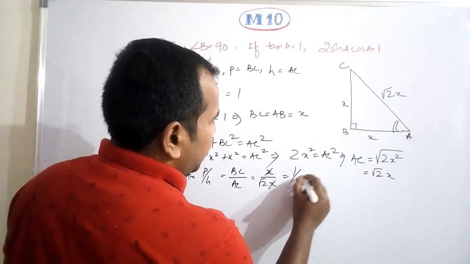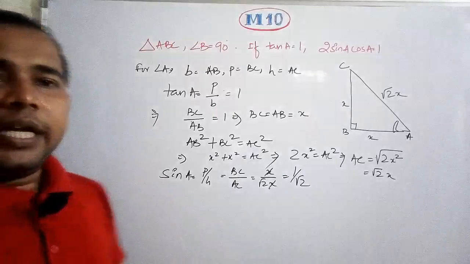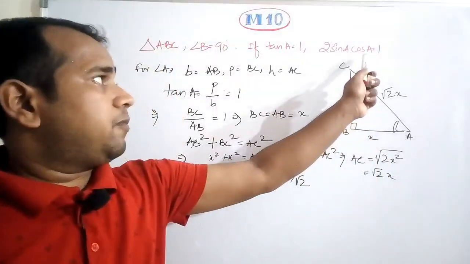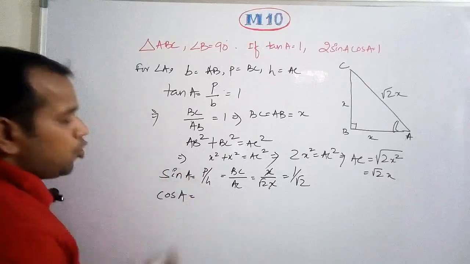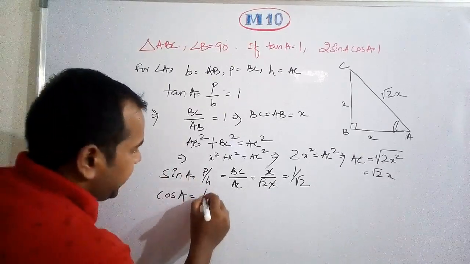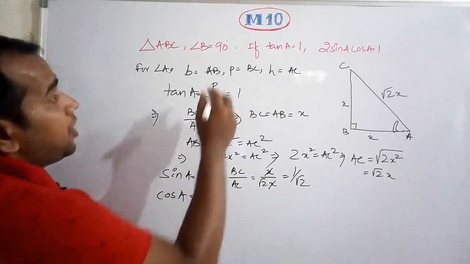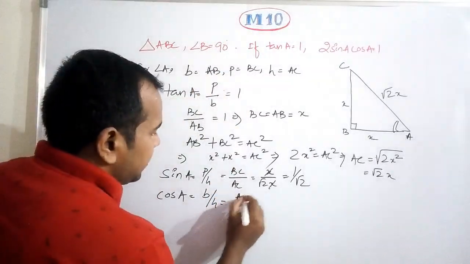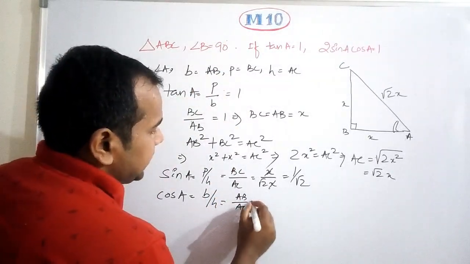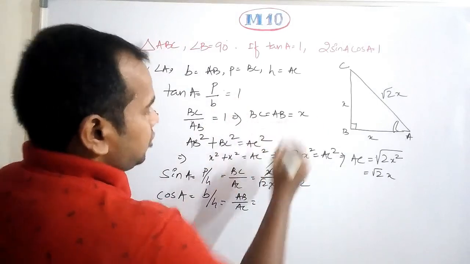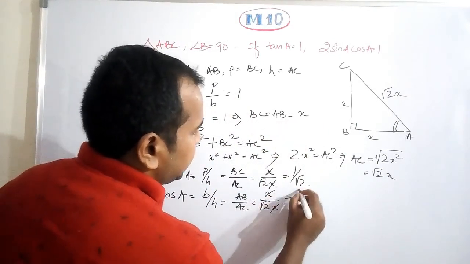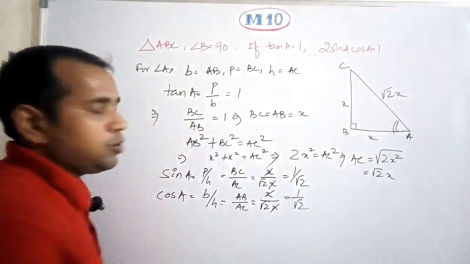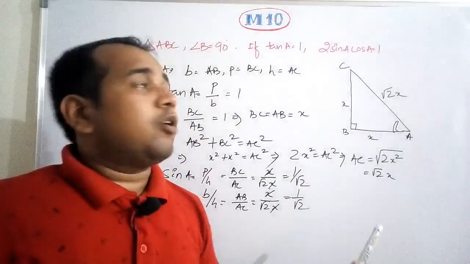What you are getting? 1 by root 2. Similarly, let's find out cos A. What is cos A? It is B divided by H. B here is AB, H equals AC. As AB is also equal to x and this is root 2 x, this is cancelled out, you have got 1 by root 2.